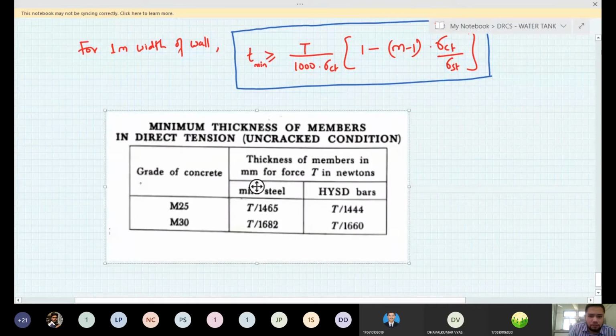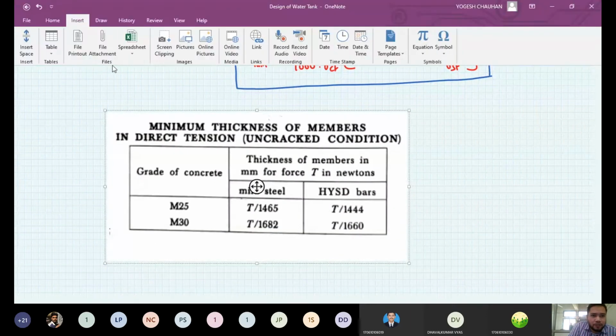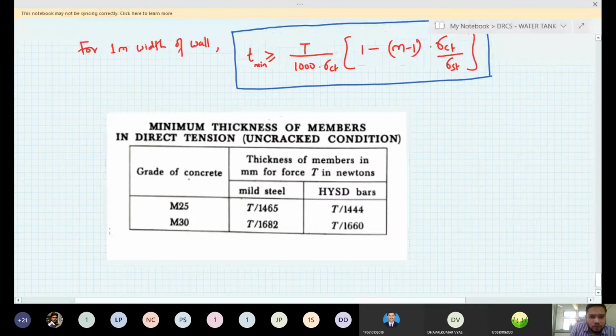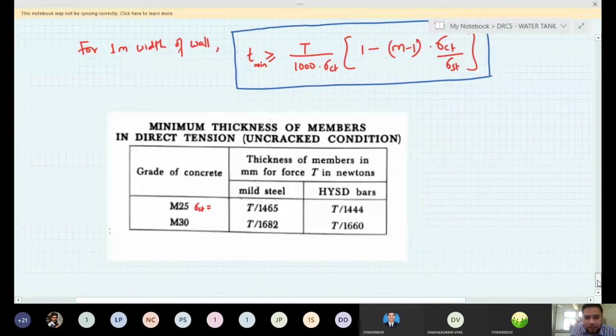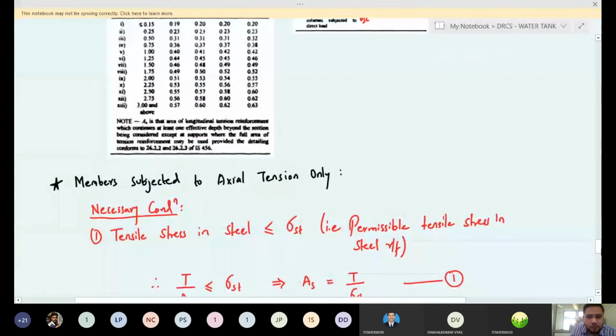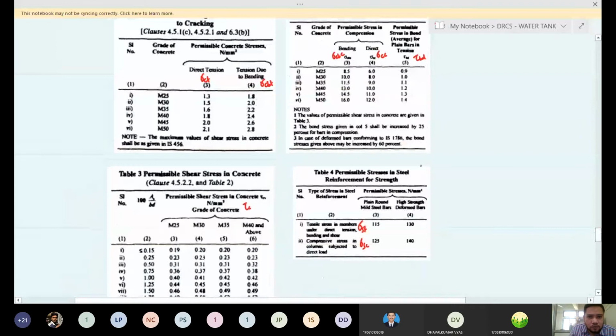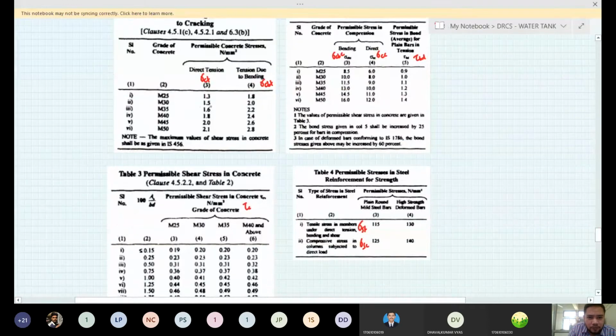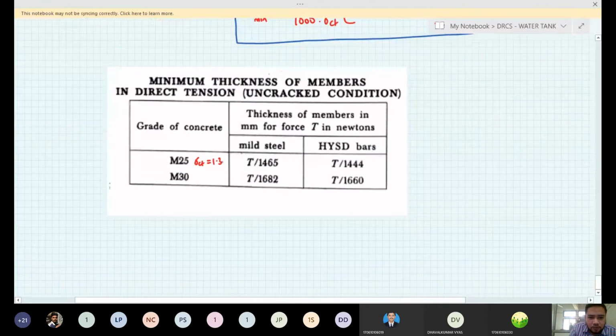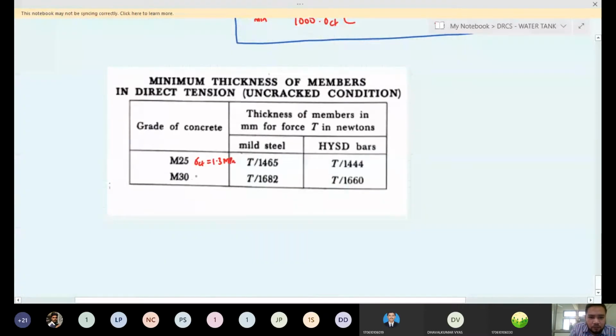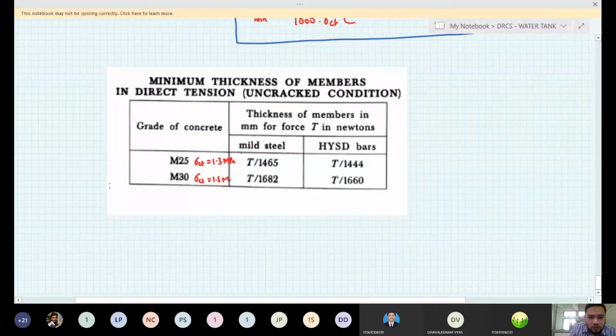For M25 grade, we know the value of sigma Ct. The value of sigma Ct for M25 grade is 1.3 MPa, and for M30 it is 1.5 MPa.